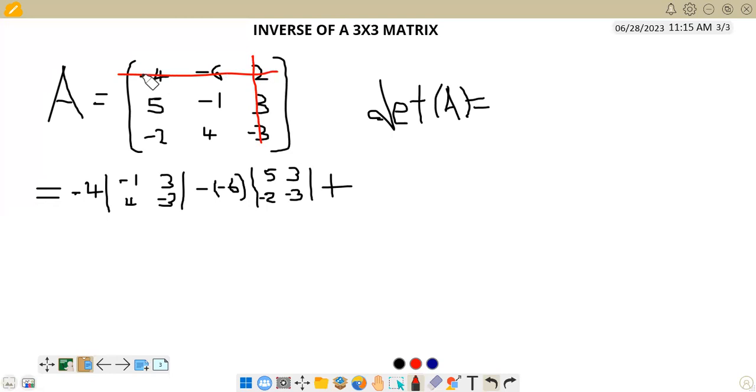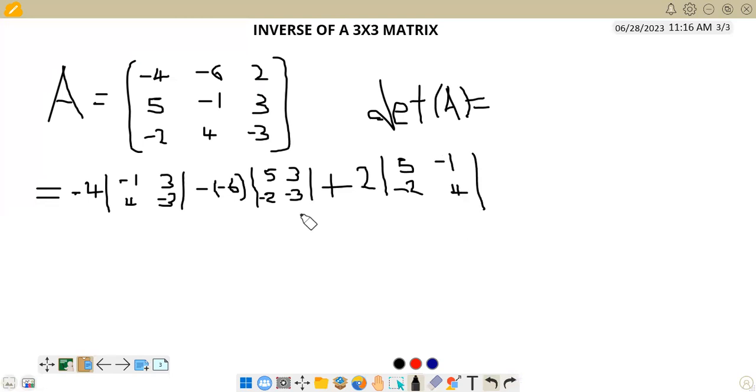So if we cross this row and this column, we are remaining with 5, negative 1, negative 2, 4. So that's what we have. There will be 2, then multiplied by 5, negative 1, then negative 2, then we have 4.